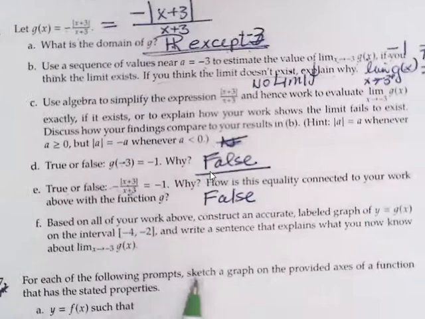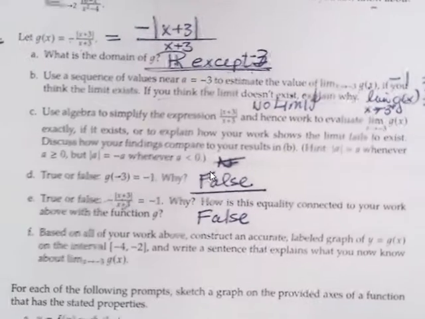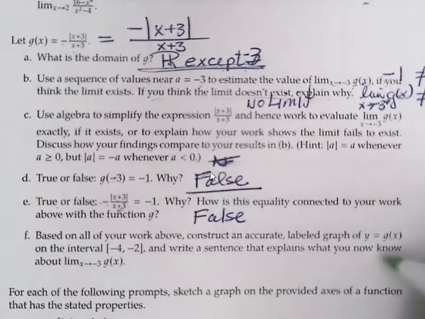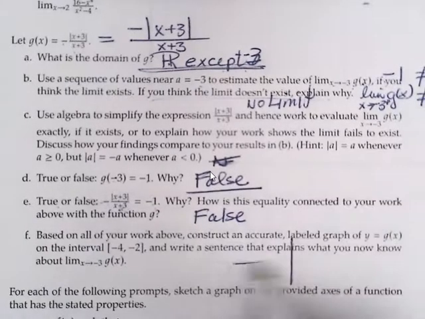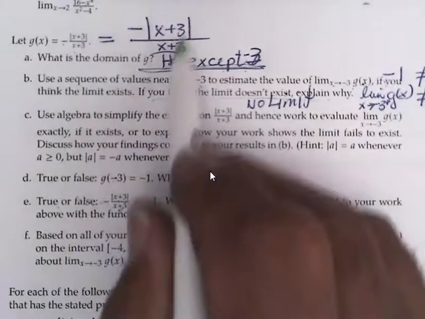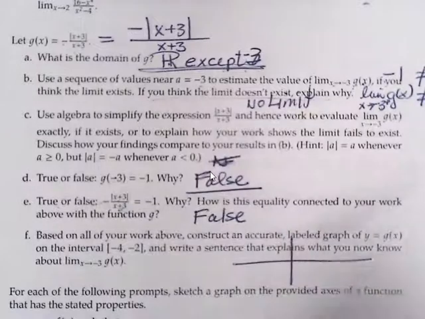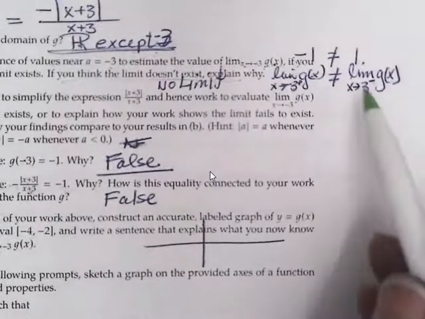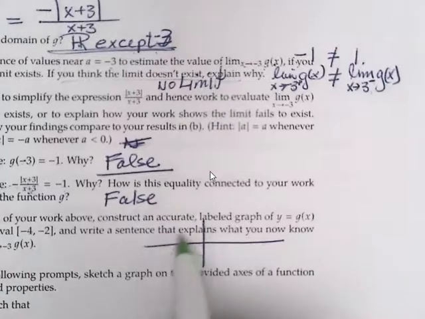Okay? And F. Based on your work above, construct an accurate labeled graph of this. So this thing looks like 1 when we come from the negative side. As we come from the negative side, it's 1.